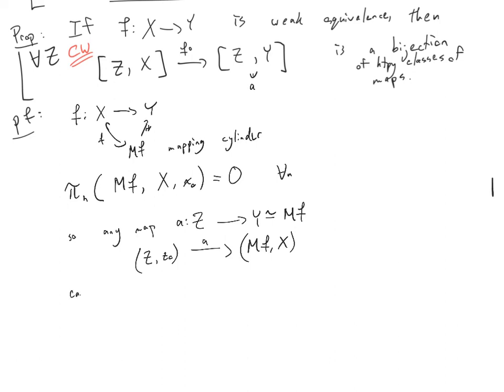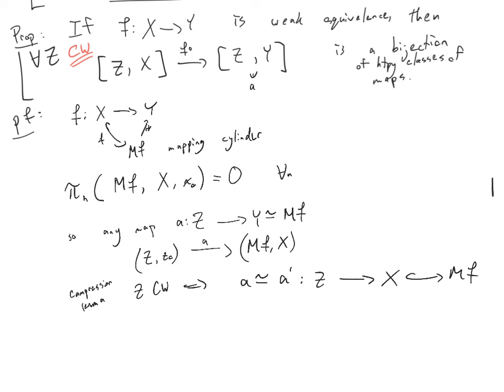And now the compression lemma tells us Z CW implies A is homotopic to this new map, A prime, which takes Z into X inside of Mf. So, considering both of these as maps into Mf, they're homotopic.